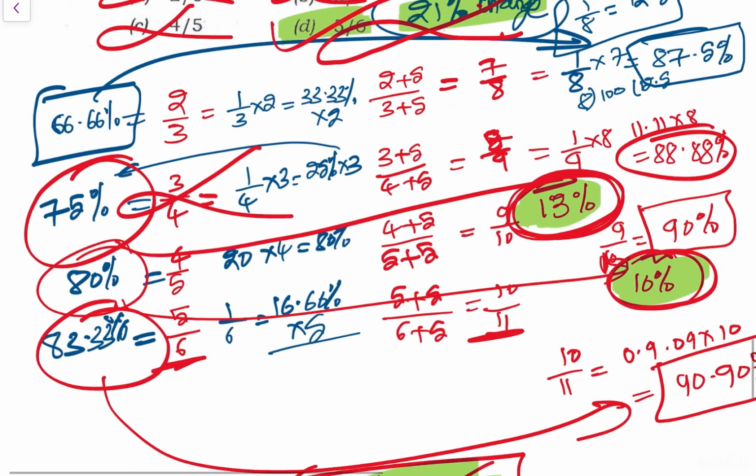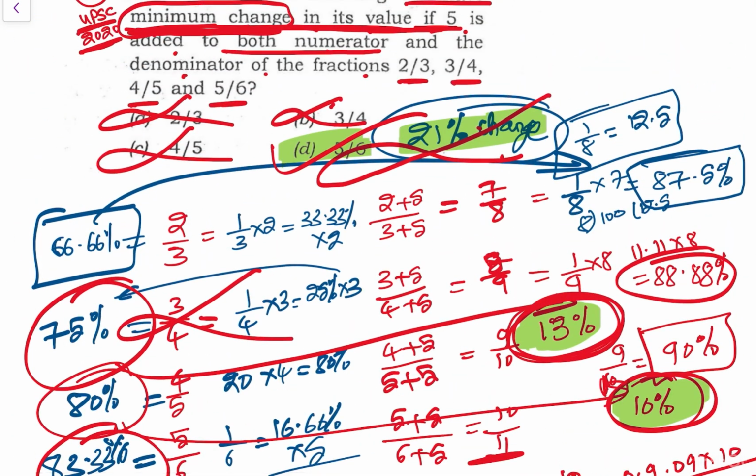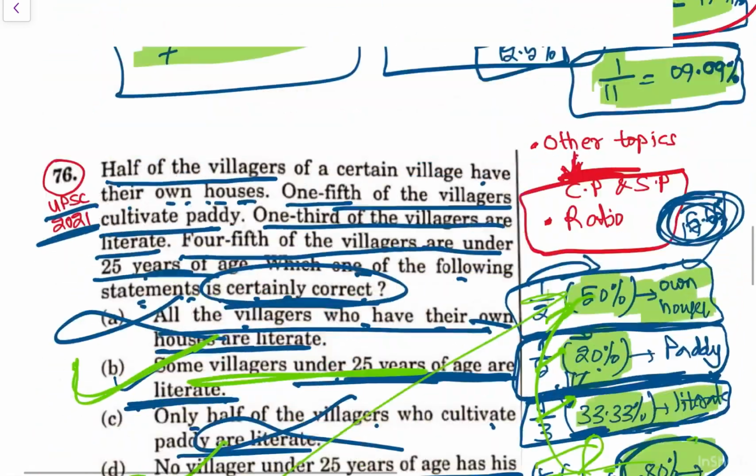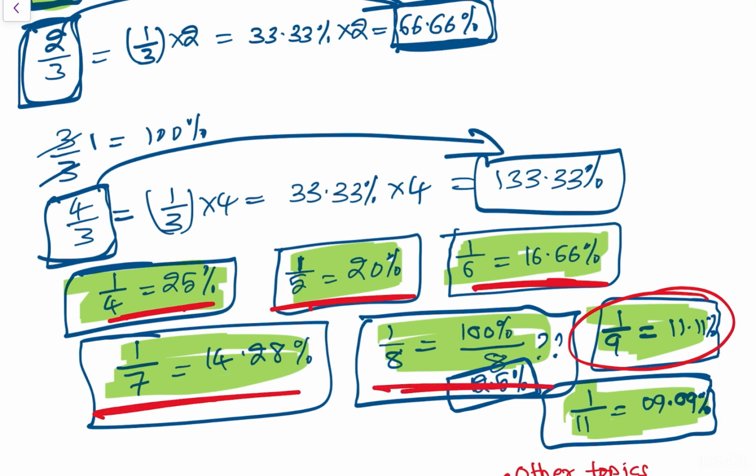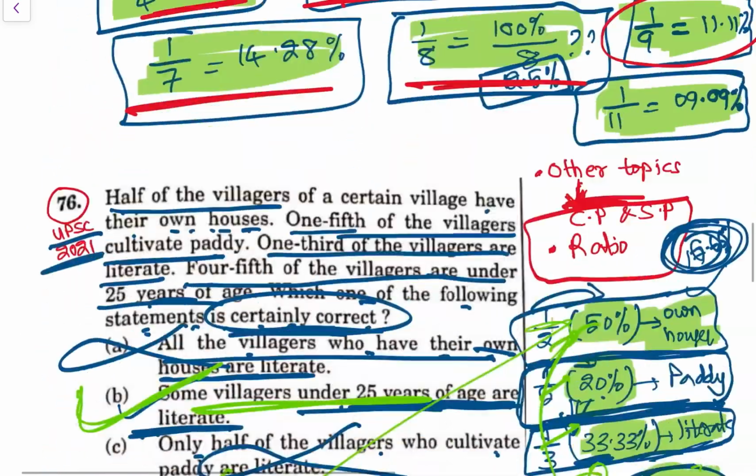So that is how you can solve with percentages just by remembering these fractions. Even if you don't remember them, you can calculate them, then you can solve these kinds of changes.